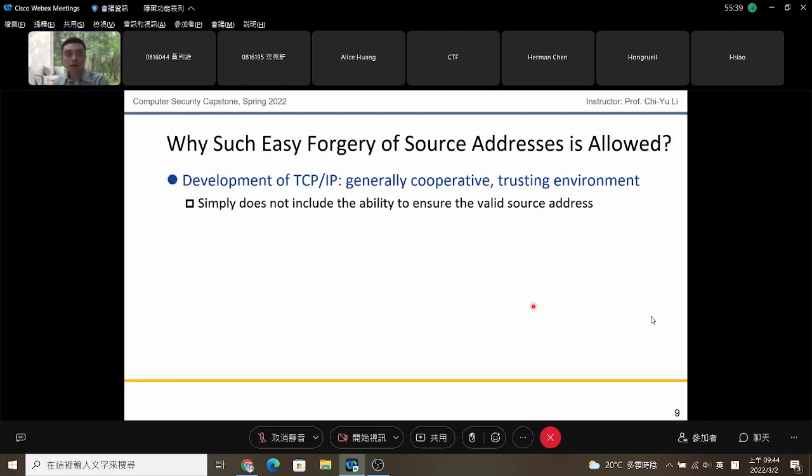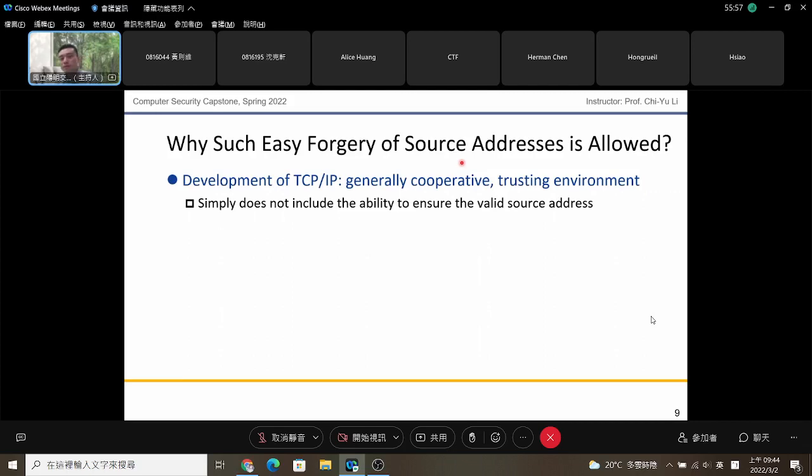Then you may wonder why such forgery of source address is allowed. Actually, it can be traced back to the story of the development of TCP/IP.